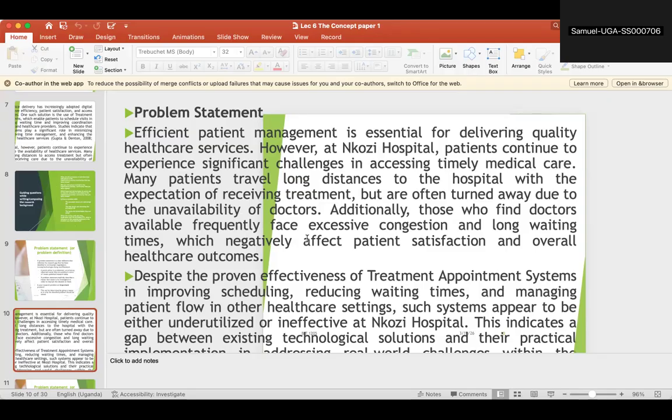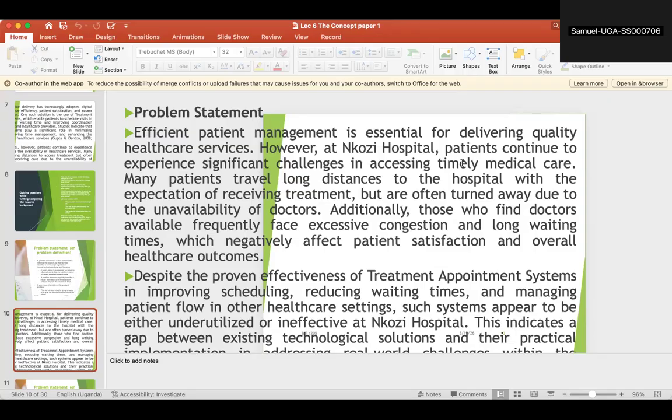Like now, the delivery of quality healthcare can be measured in terms of the speed you use to serve them. However, patients continue to experience significant challenges in accessing timely medical care. Many patients travel long distances to the hospital with the expectation of receiving treatment but are often turned away due to unavailability of doctors.